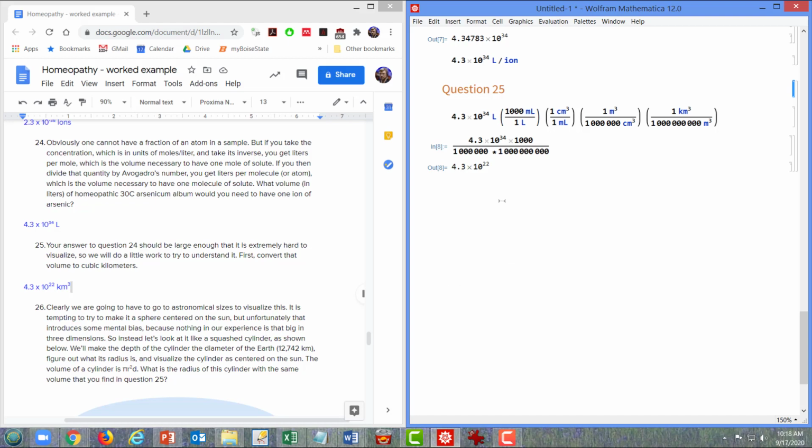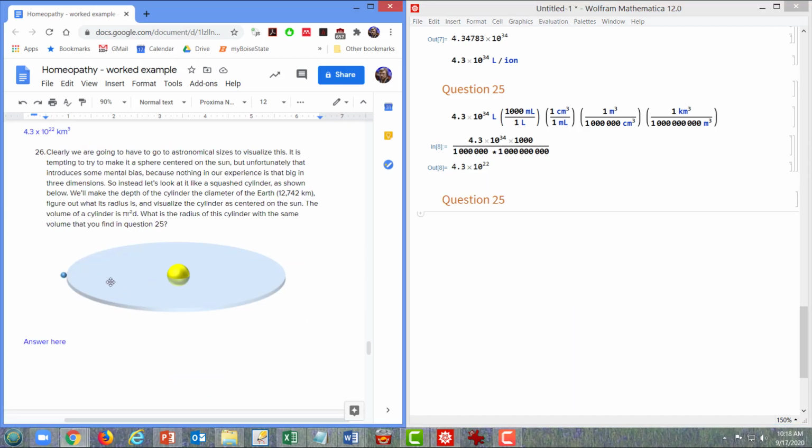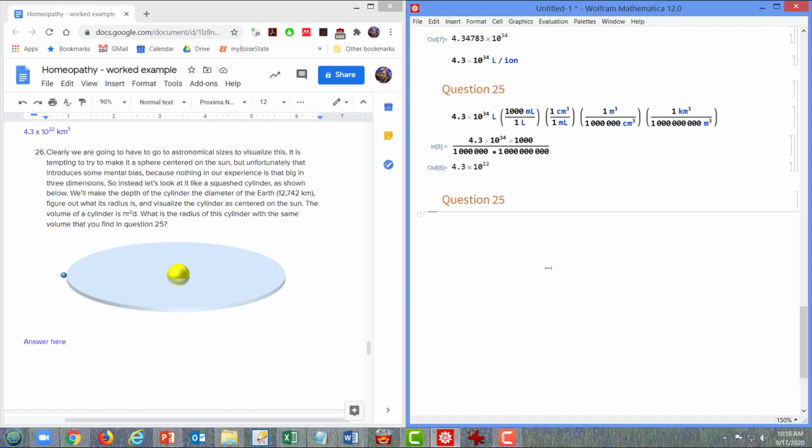We're going to now make our squashed cylinder. Making our squashed cylinder, we have the formula volume equals pi r squared d. Well, we have the volume that we want. That's in cubic kilometers.